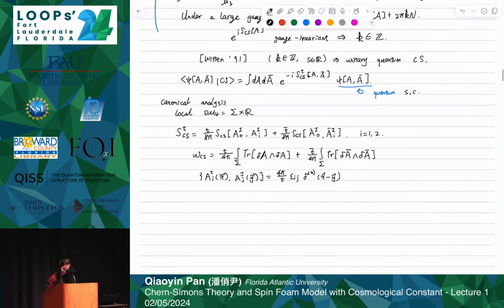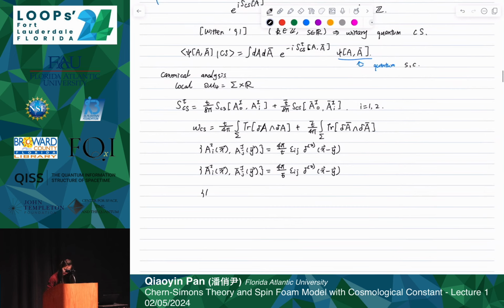And this is for A, and we have a similar thing for the A bar, but just put a bar over it, and the T bar. And A and A bar Poisson commute. Okay? And x and y live in the 2D space.